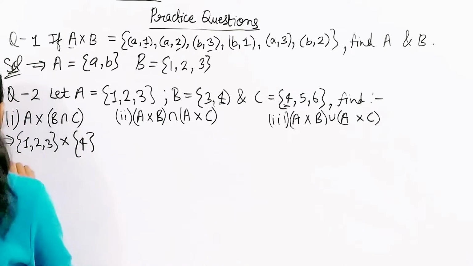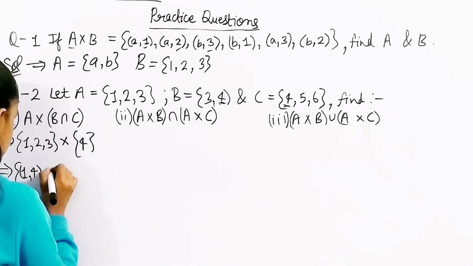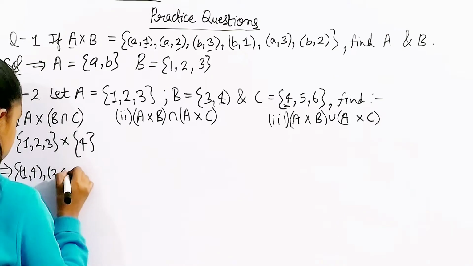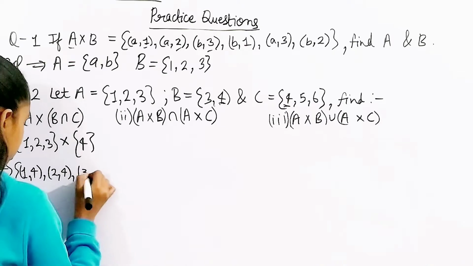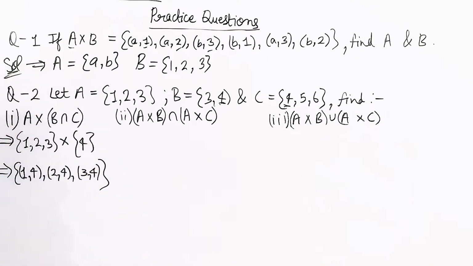Now crossing them, I'll get (1,4), (2,4), and (3,4). Isn't it?